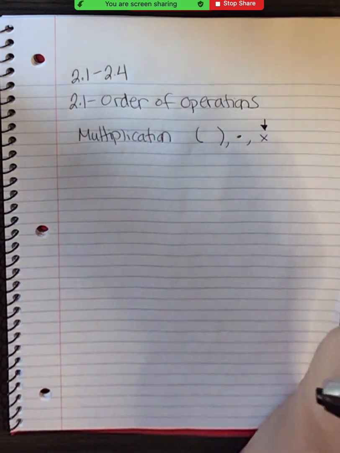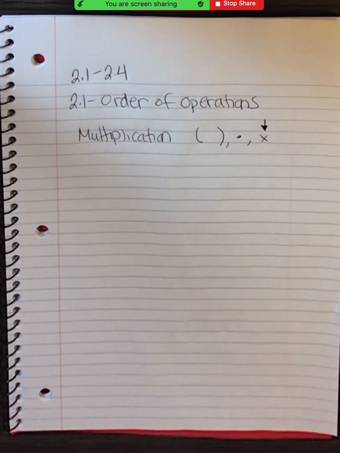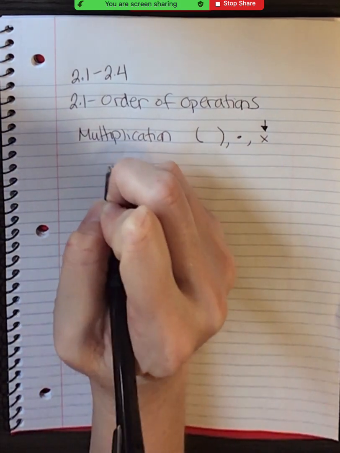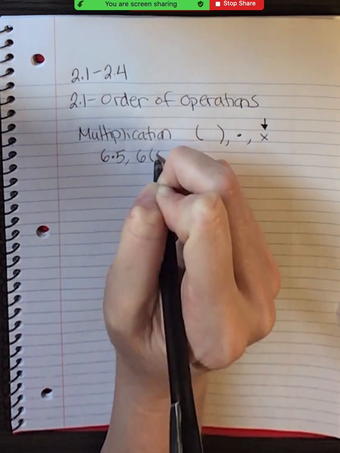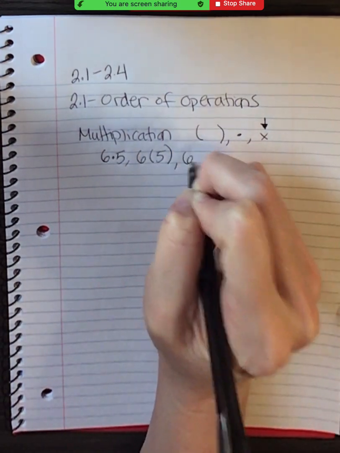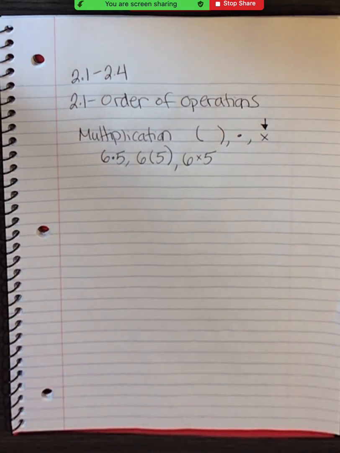But it does mean the same thing as multiplication. So we could write 6 times 5 in multiple different ways.